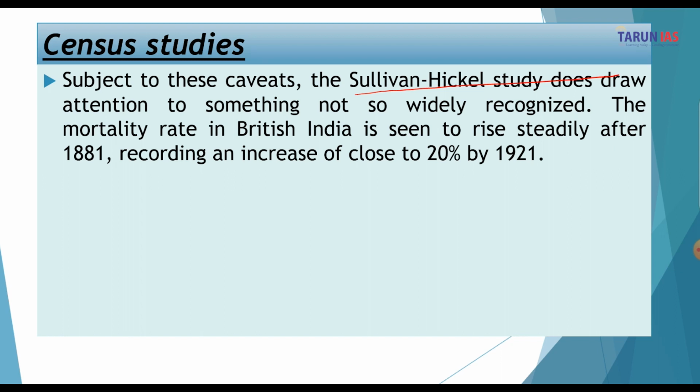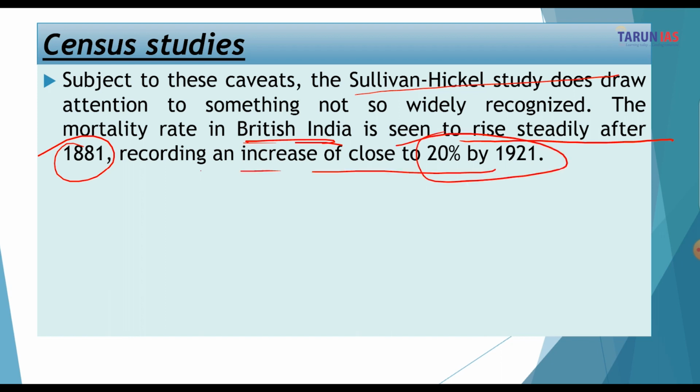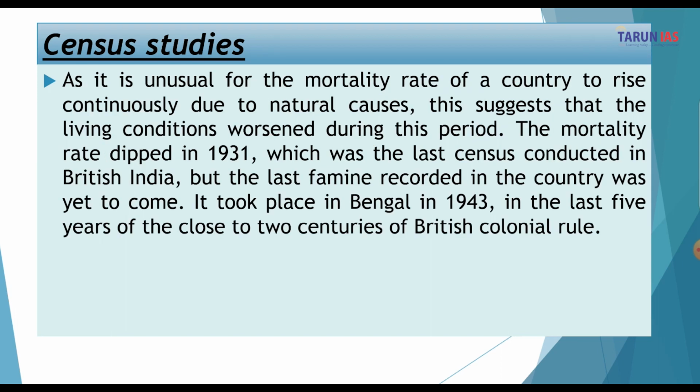that has been drawn, which is not so widely recognized, is that the mortality rate in British India is seen to rise steadily after 1881, with a record increase of close to 20% by 1921. So what the writer is trying to say is that the mortality rate in British India started to steadily rise, and such an unusual rate of mortality in the country cannot be due to natural causes.